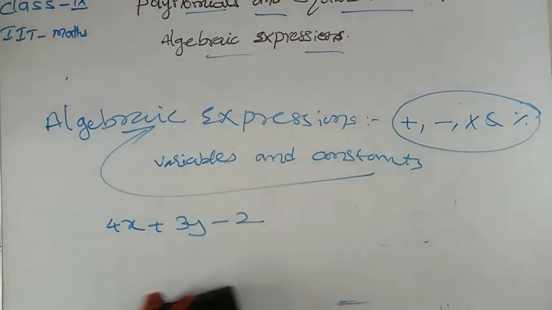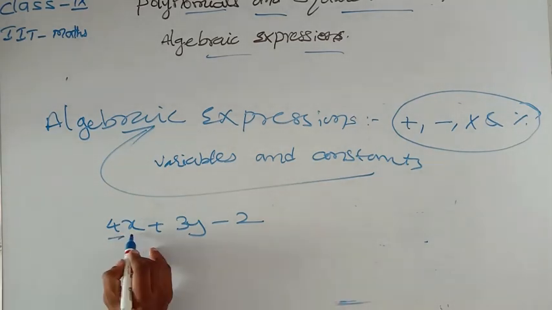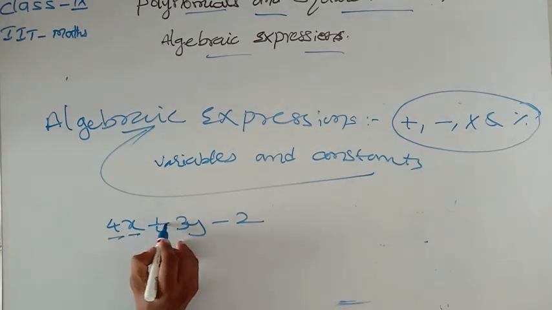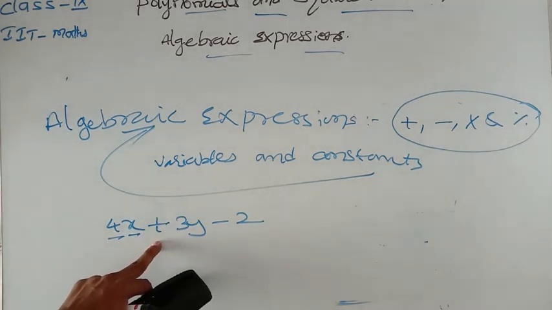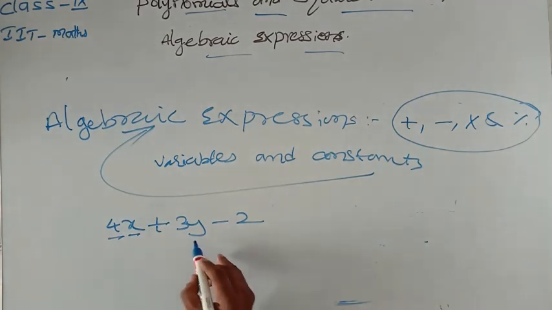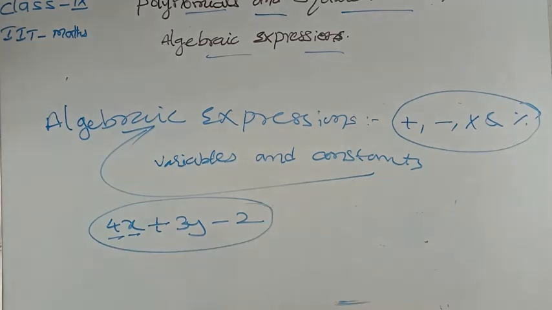So here see, 4 is a constant, x is a variable and separated with one operation, that is addition, and here minus. So this is called an algebraic expression. One more example I am taking, 3x by 2. So here division is a mathematical operation. It is also an algebraic expression.